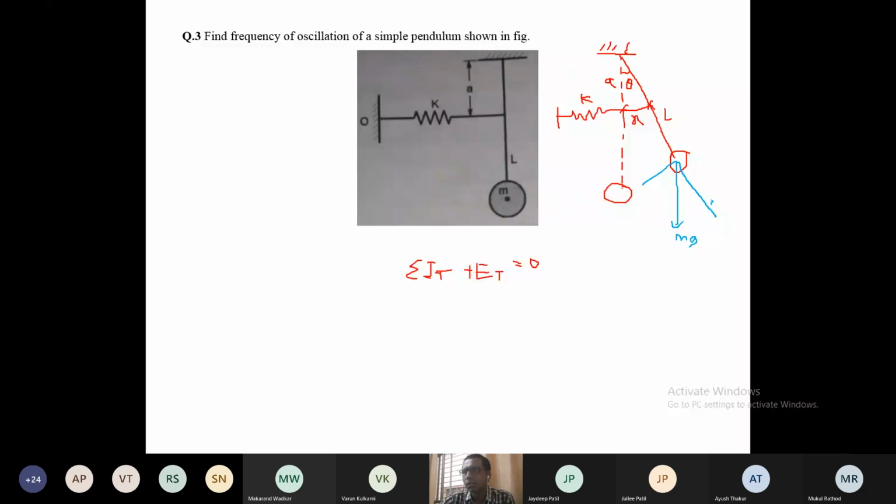Now this is your mg cos theta, similar to the previous example, and your mg sin theta. Now when this mass is displaced in this direction at an angle theta, the inertia force acts in the opposite direction of this direction.